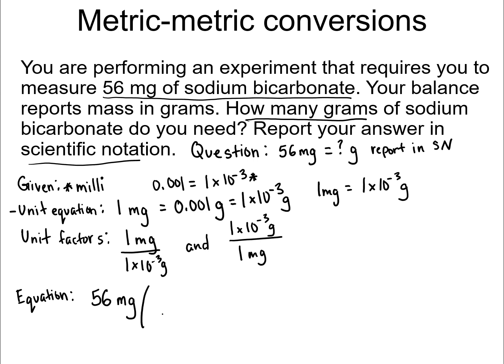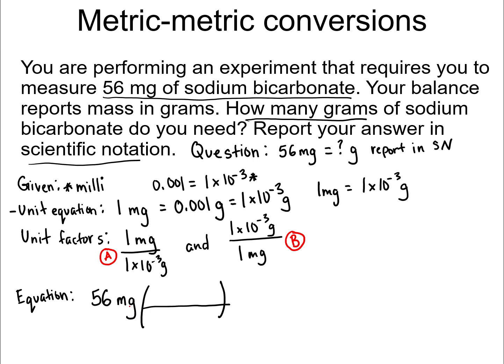We take that 56 milligrams, and then we have a decision to make. We have two unit factors here. I'll label them A and B. We only need one of them to convert milligrams to grams. The goal here is to choose the unit factor that will cancel out milligrams and leave us with grams.